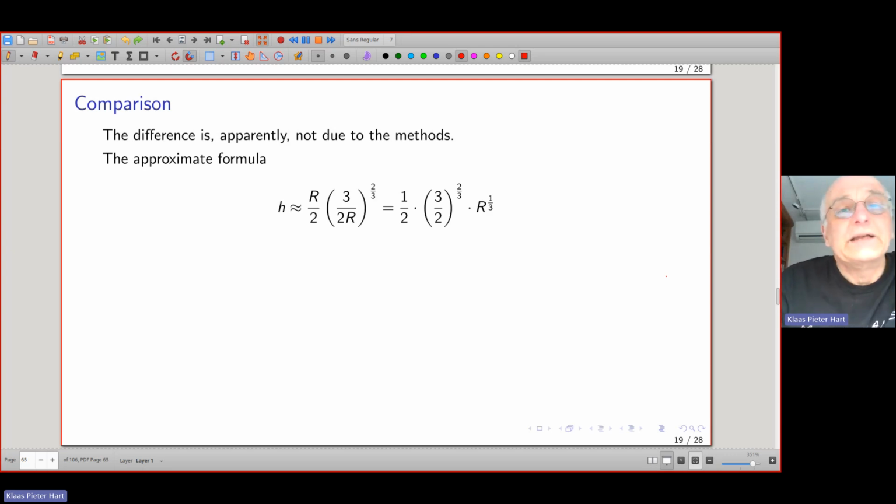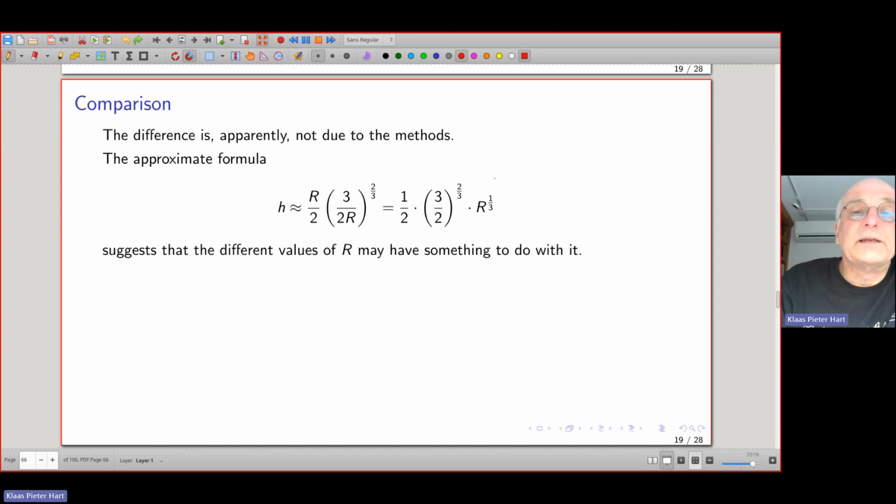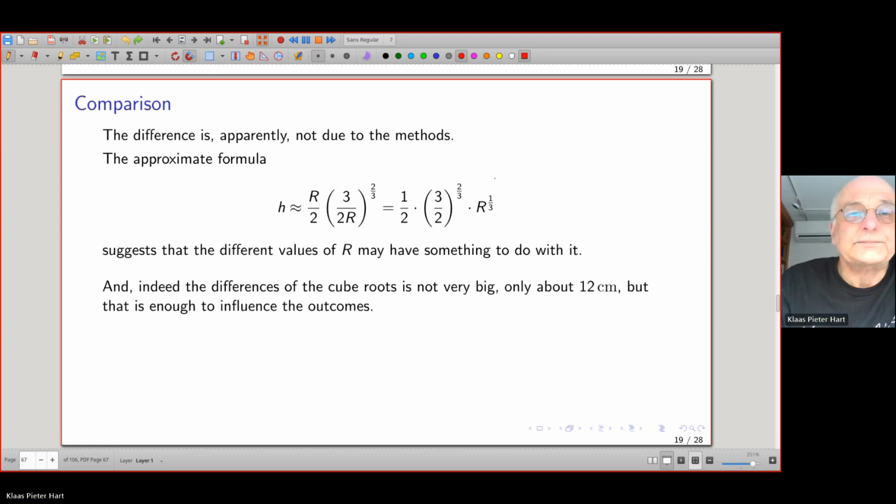And you can see that when you look at the approximate formula that we got, it has R in it. Not just the 1/2, but it also has the R in it, and it has the cube root of R in it. Well, if you take the cube root of both values of R that we had, then you will find, surprisingly, that there is a difference in the cube roots, and the difference is about 12 centimeters.